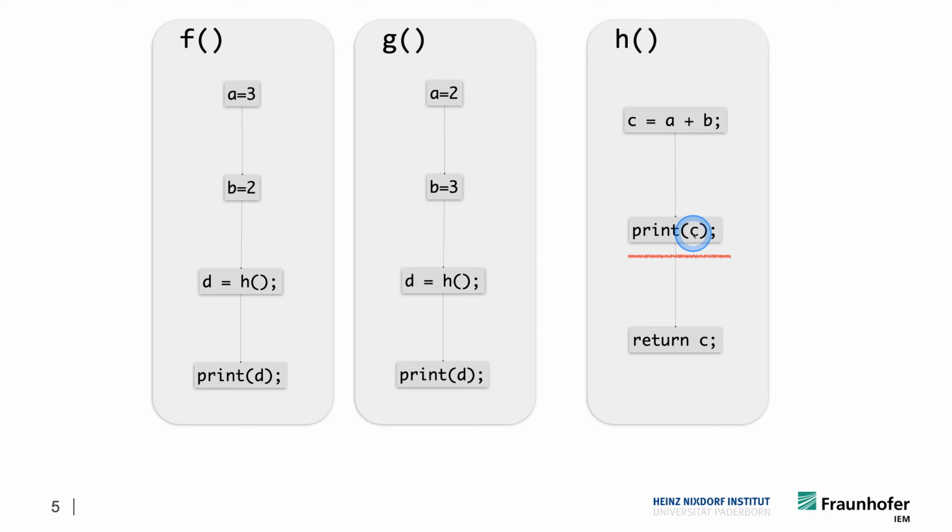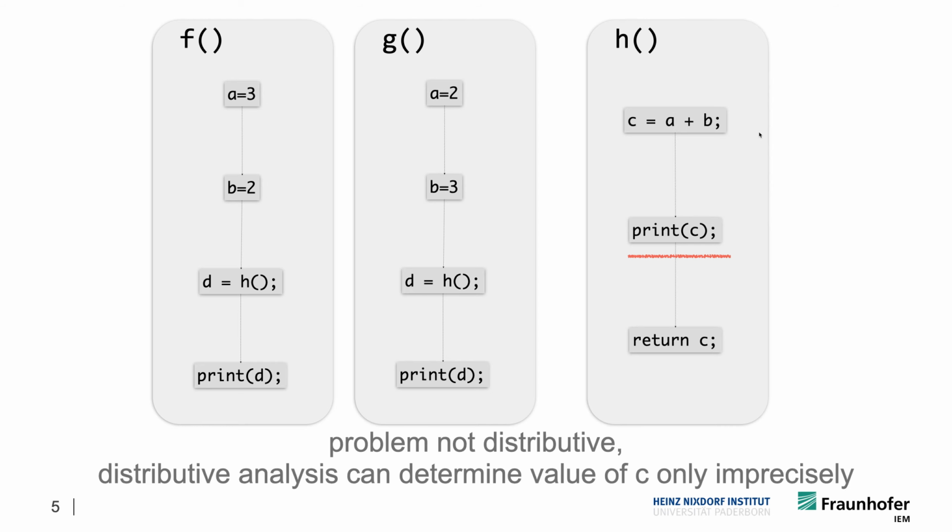Now, if you carefully look at this program, you will see that this is again one of these nonlinear expressions here, and we already talked about the fact that these expressions, unfortunately, are not distributive. So analyzing this precisely is not a distributive problem.